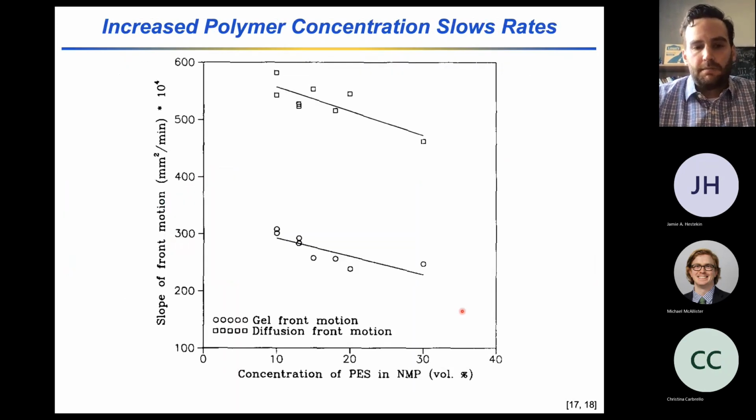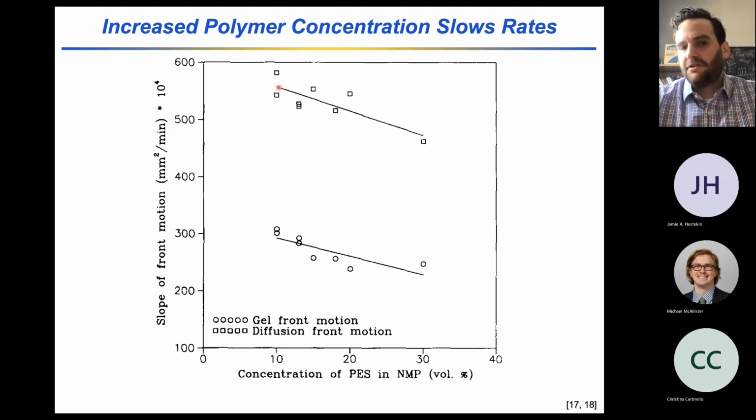You can also manipulate the growth rate of these fronts using the concentration of polymer in the casting solution. In this instance, the velocity of that front, or the slope of that front motion, in meters squared over minute, is plotted as a function of the concentration of polymer in the casting solution.